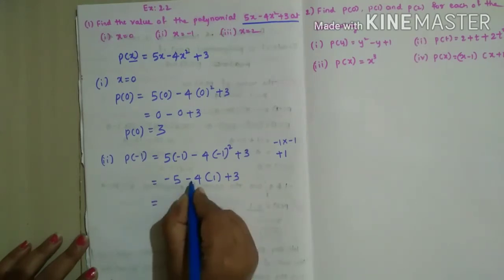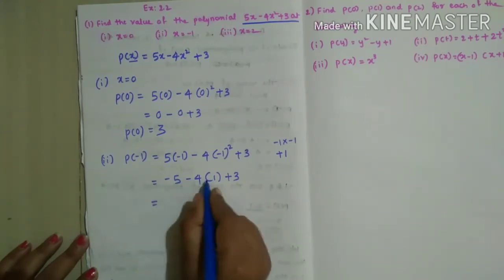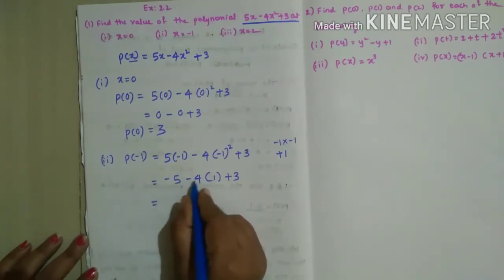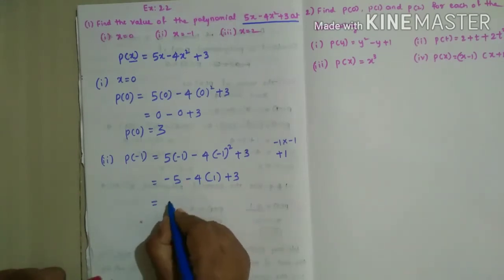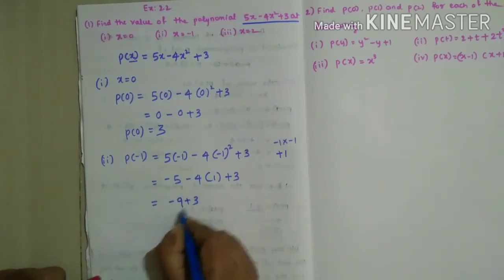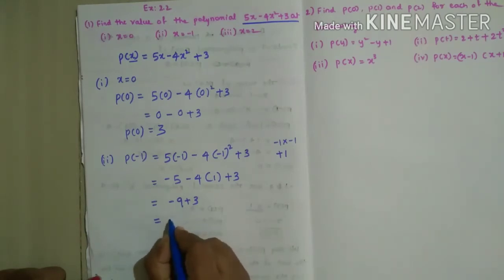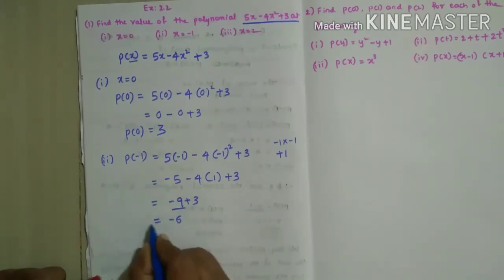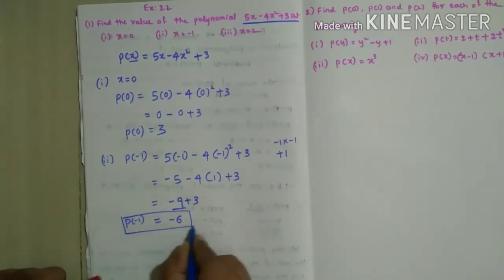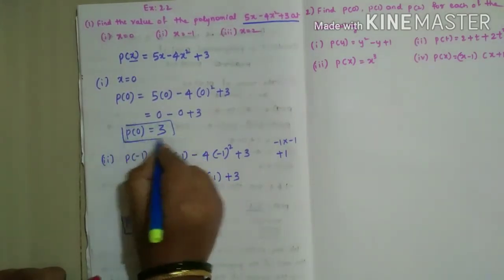Now minus 4 minus 5, both we have to add because both have negative signs here, so it will become minus 9 plus 3. Minus 9 plus 3 will become minus 6 because the bigger number is 9 here, so p of minus 1 is minus 6.